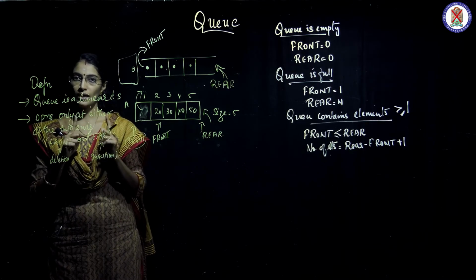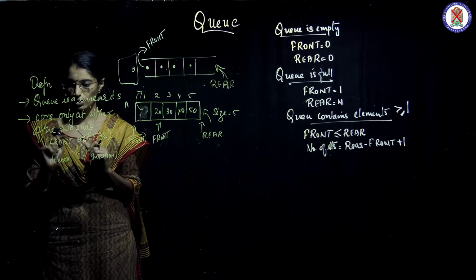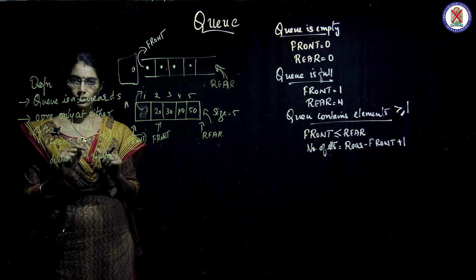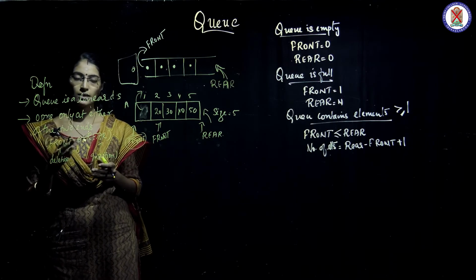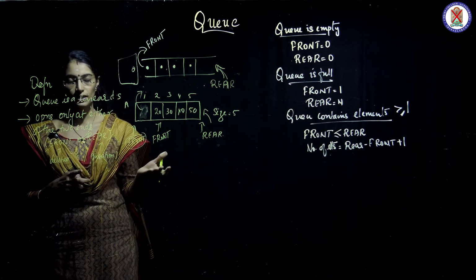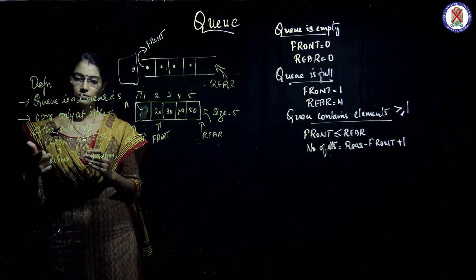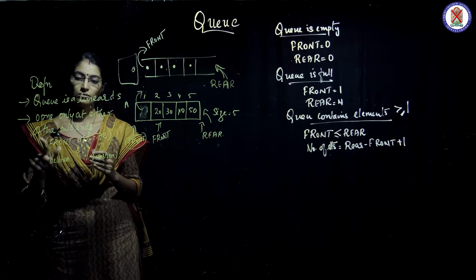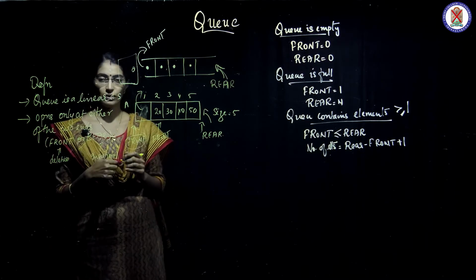But in stack you only have one end for both purposes, for both insertion and deletion. So queue is a linear data structure like array, linked list and stack, and operations are done at either one of the ends. For insertion you do it at the rear part, for deletion you do it at the front part, right?